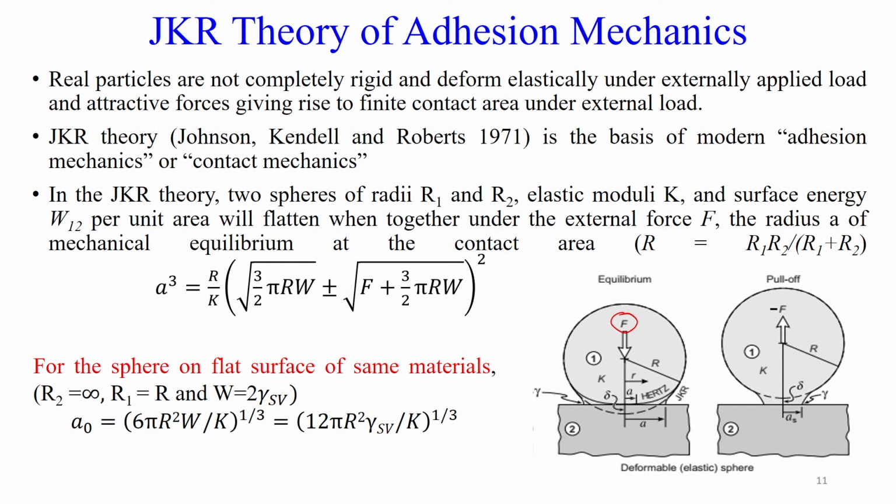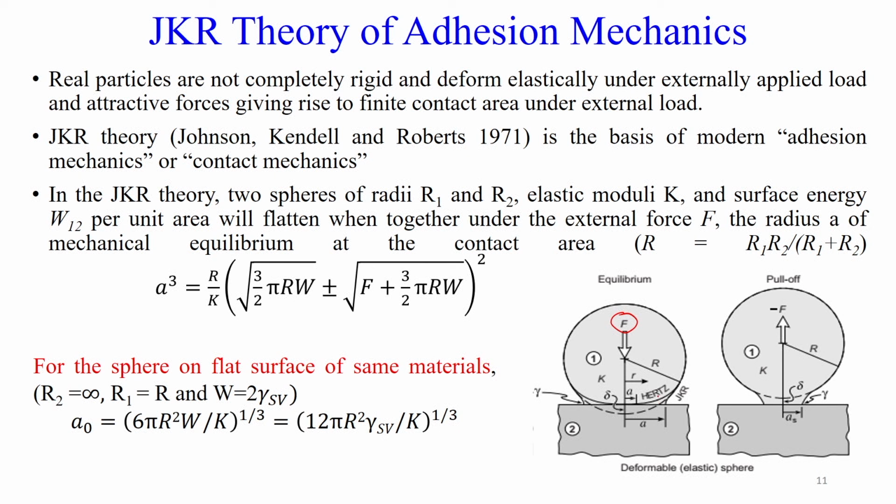So if there is a deformation, this is the deformation line. It is considering adhesion between the sphere and the solid surface. That is known as the JKR, Johnson, Kendall and Roberts theory.